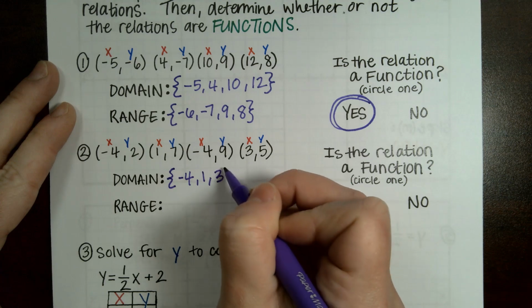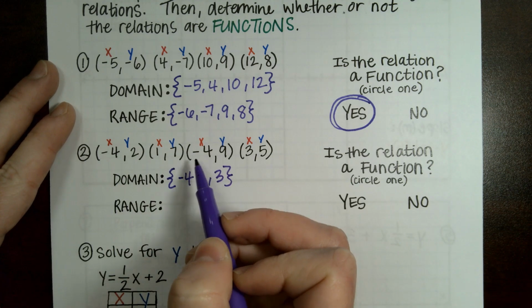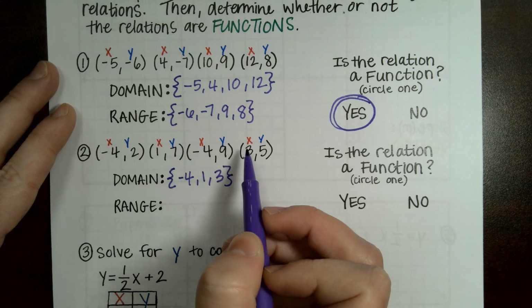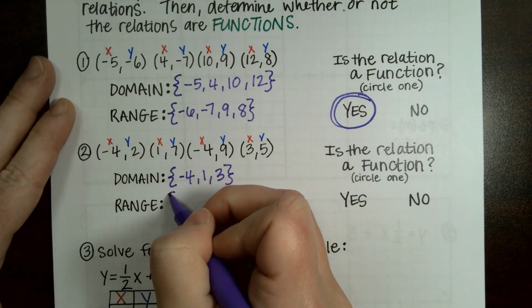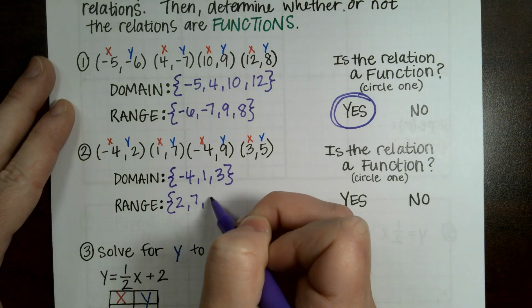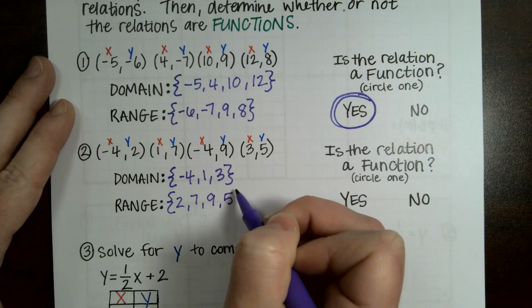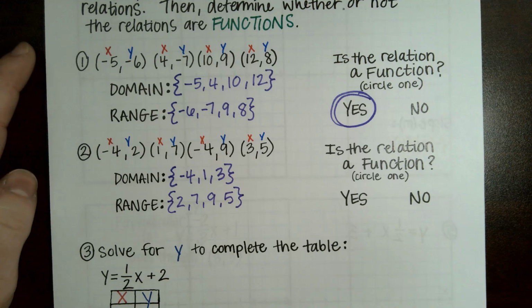Good. -4, 1, there's another -4, so we don't have to write that again. And 3. Perfect. That's it for the domain. How about the range? 2, 7, 9, and 5. Perfect. 2, 7, 9, 5.